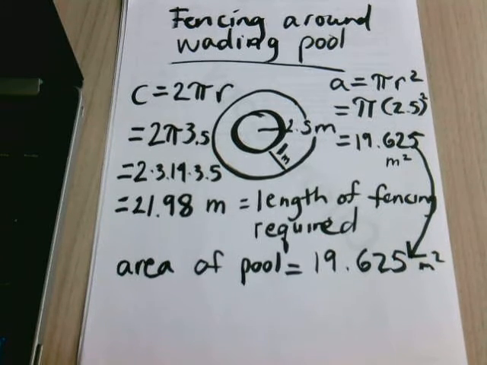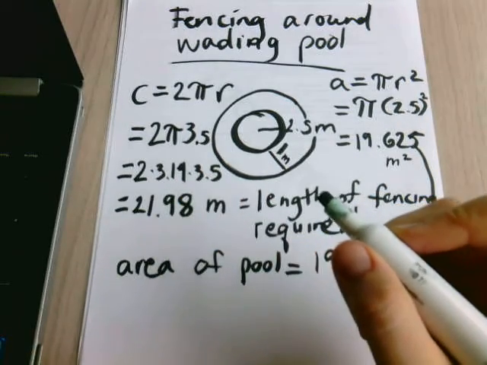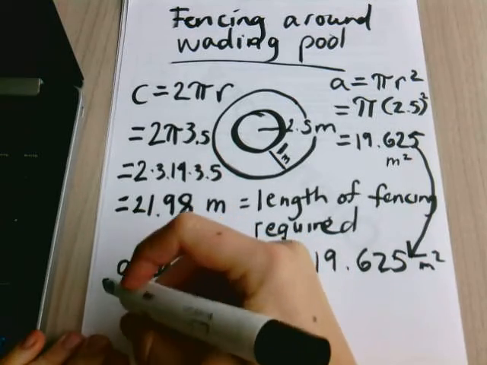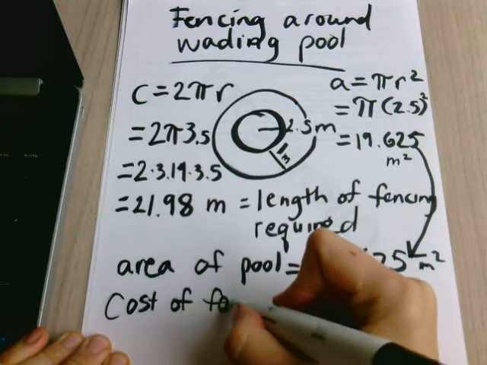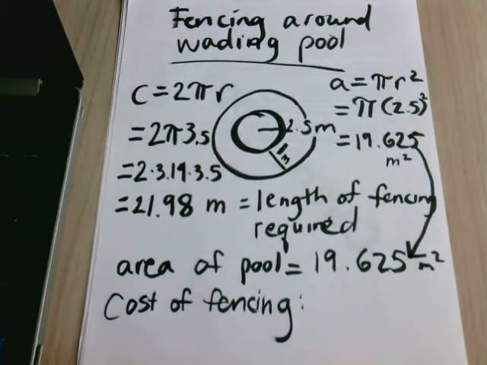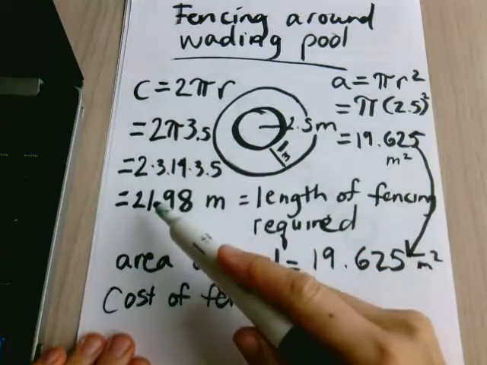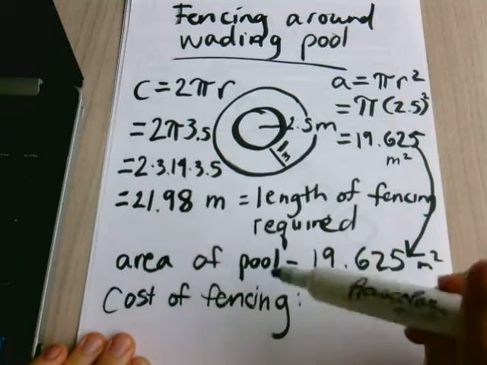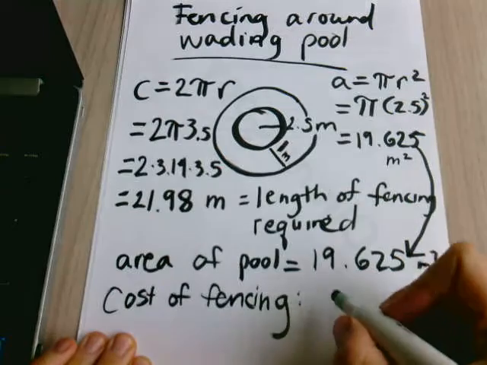Okay, and the cost of fencing. So fencing costs $20 a meter, and she needs to buy 21.98 meters. So that means she's going to need to buy 22 meters.